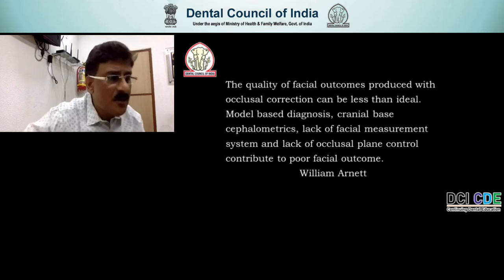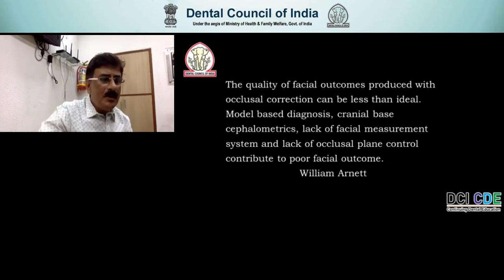Han reported some time back that in most orthodontic situations, the only diagnostic aid which was used was a study model. In 50% of the situations in his sample, the only diagnostic aid used for diagnosing was models only. So such was the importance of models, and facial harmony not being the goal in these situations.